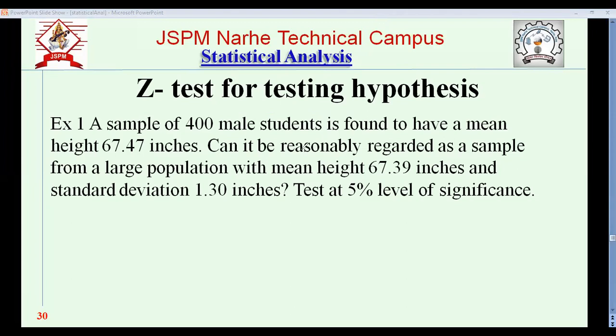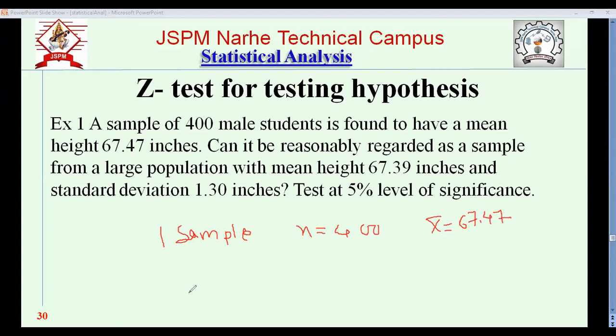First you write for the sample. For the sample, what is given? n is given as 400 and x bar is given as 67.47.